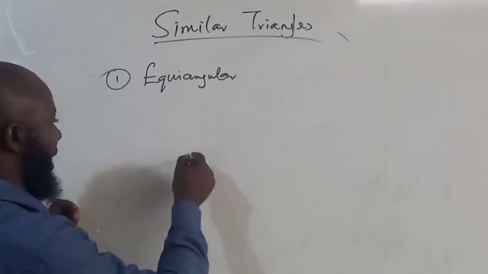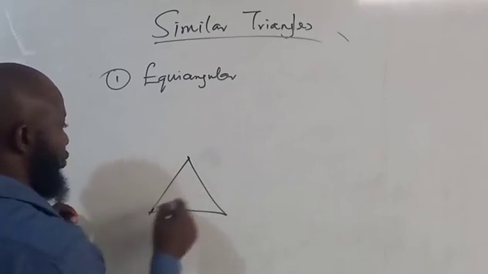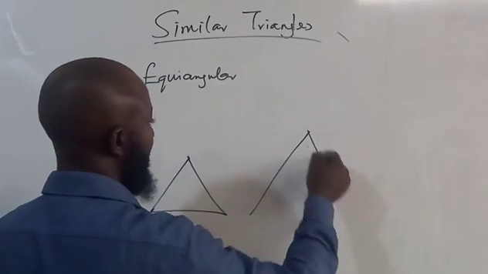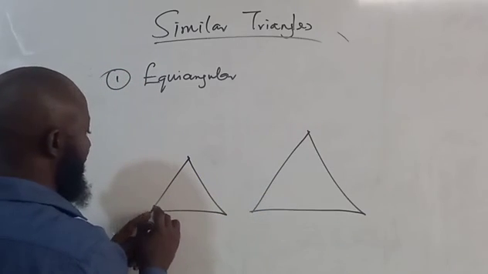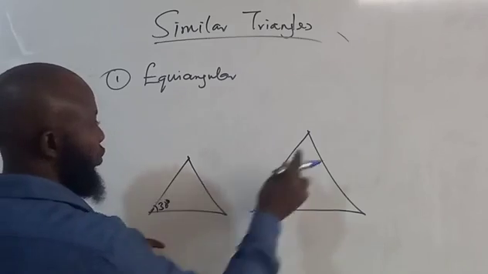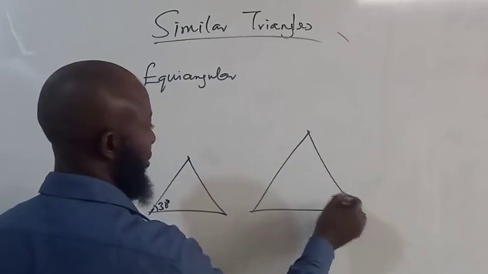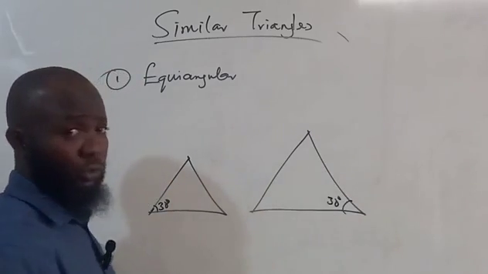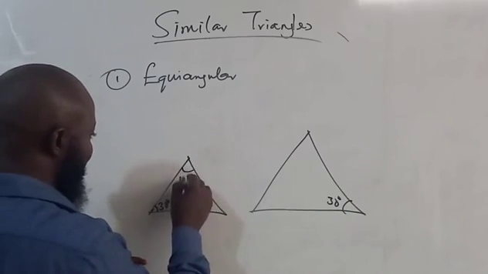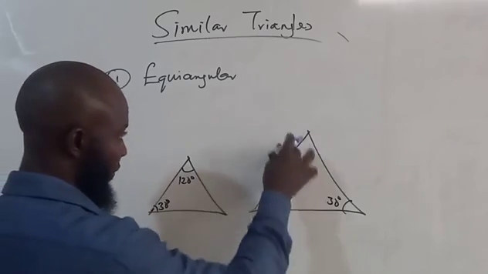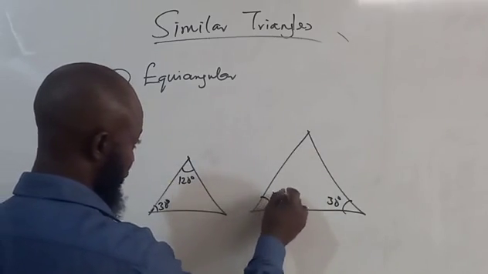We have three angles in a triangle. This is one, and then this is another one. So which means that the angles here, if this one is 30, let's assume this one is also 30. Then if this one is 120, then one of these two angles must also be 120.